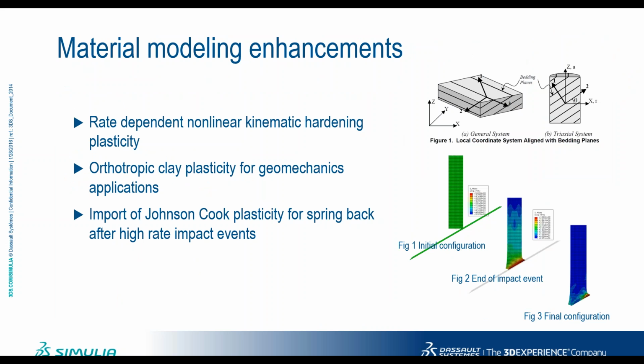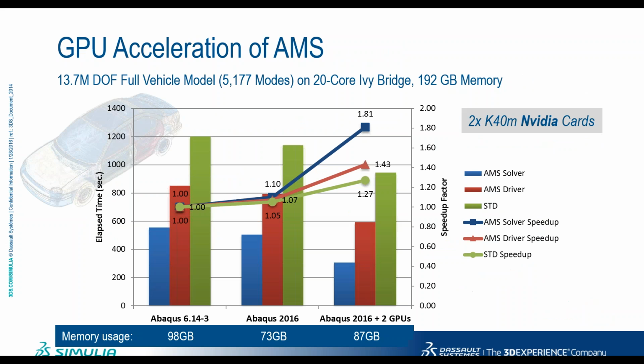There have also been improvements for material modeling, so you can have rate-dependent nonlinear kinematic hardening plasticity, and the other two, as you can see here, orthotropic clay plasticity. This is mostly for geomechanics, and you can also have the Johnson-Cook plasticity for springback type problems.